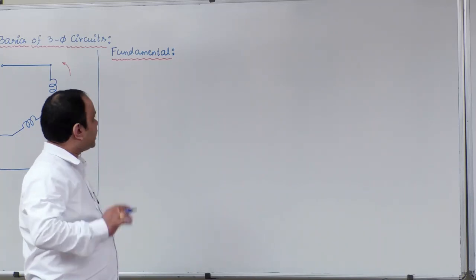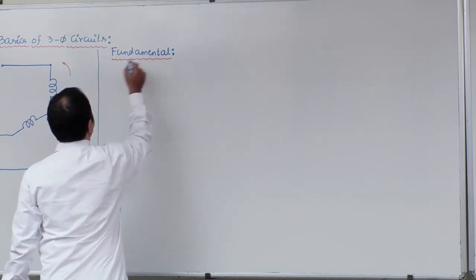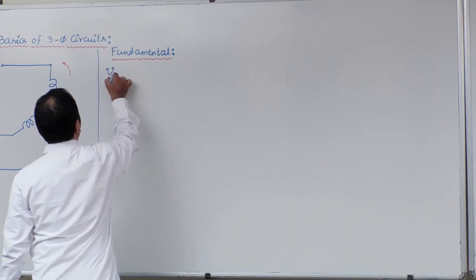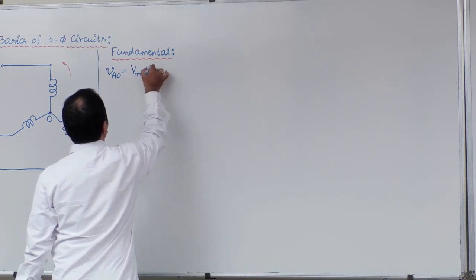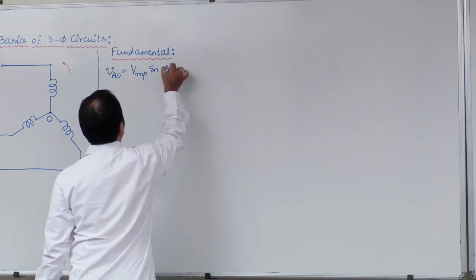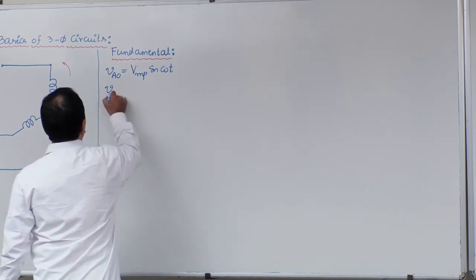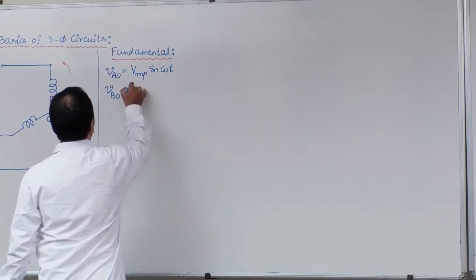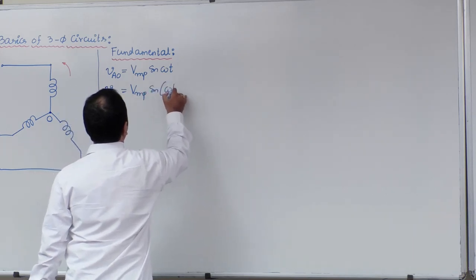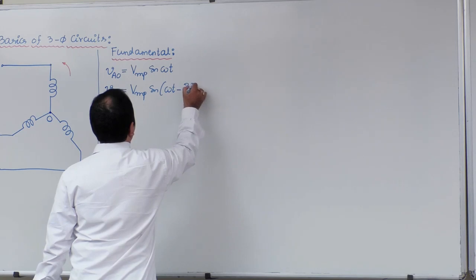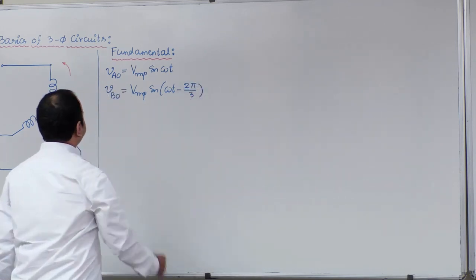Next, let us write down the three basic equations under the subheading fundamental component. I will tell you the reason. VAO is equal to VMP sin omega t. VBO is equal to VMP sin of omega t minus 2 pi by 3.